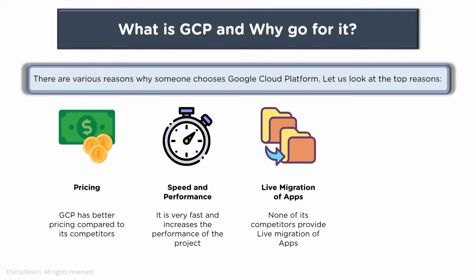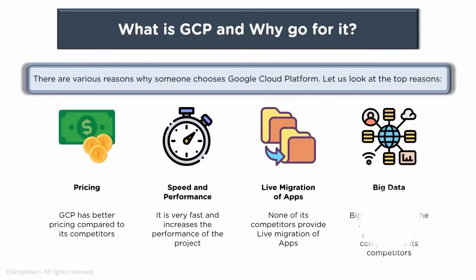For example, with Compute Engine there is a feature called live migration, wherein your instances which are running applications would be migrated during, say, maintenance from one underlying host to another without affecting your application's performance. And you can benefit from that.